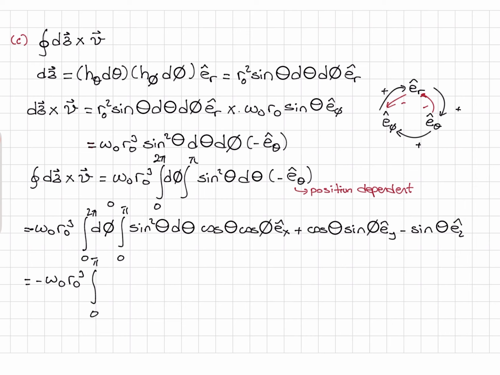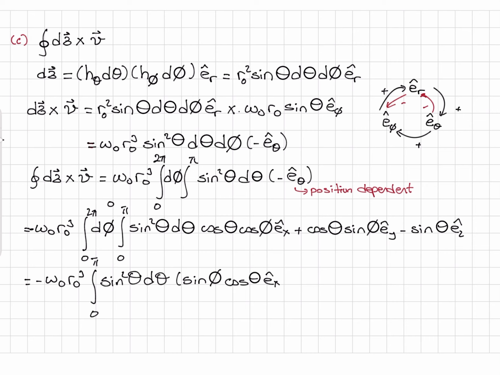I can also take the sine square theta out because that doesn't contribute to the phi integral. Sine square theta d theta. I have what is left here, a cosine theta and cosine phi. An integral of cosine phi is sine phi, so this will give me sine phi cosine theta in ex hat direction.